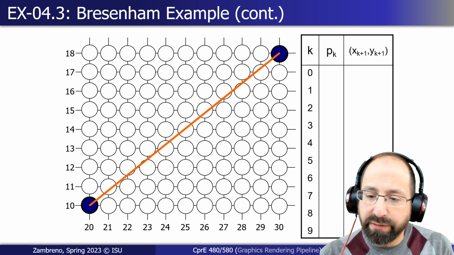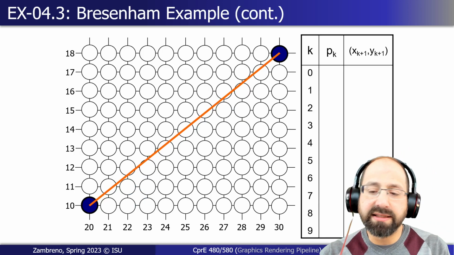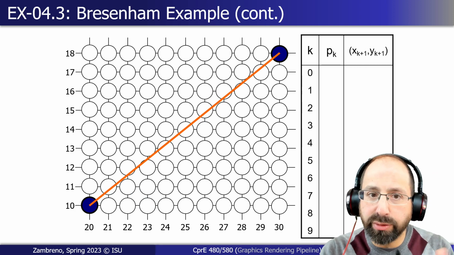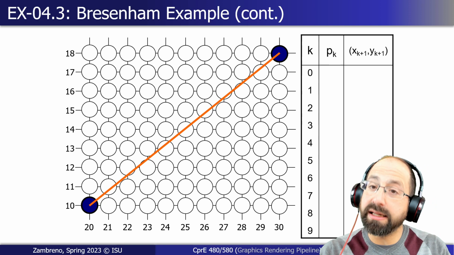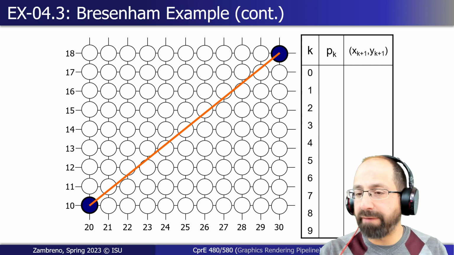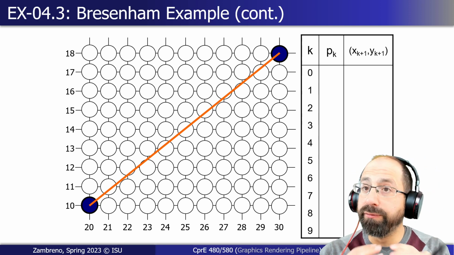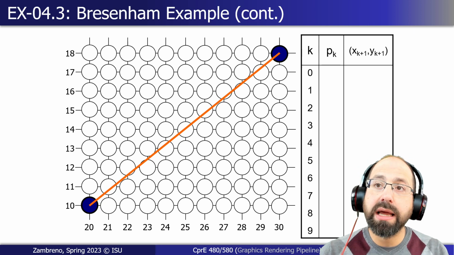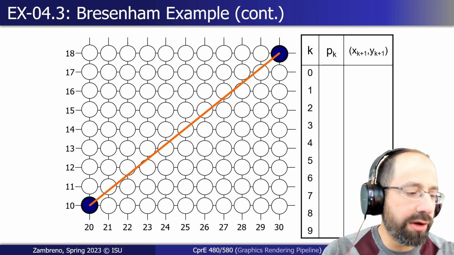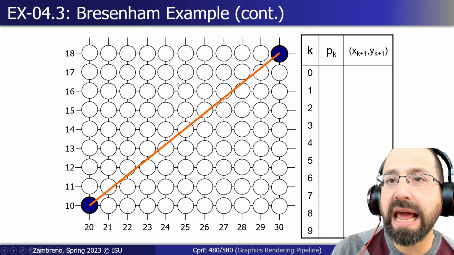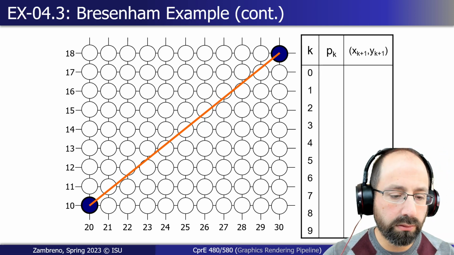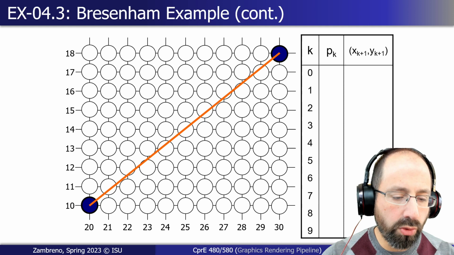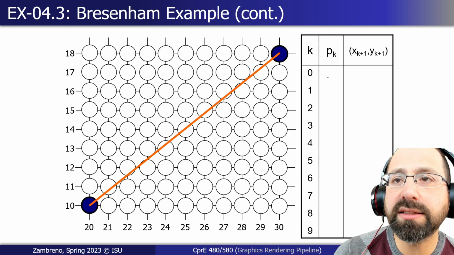So let's give it a try here. Again, this is a very fast incremental algorithm for doing this interpolation, and it allows us to calculate it step by step after that initial setup, doing very simple math along the way. So we had for our value of k equals 0 for that first step, we have our value of p sub k.